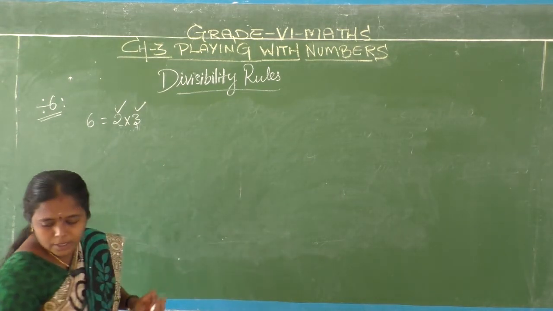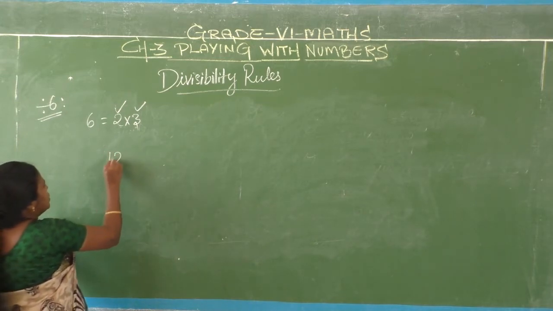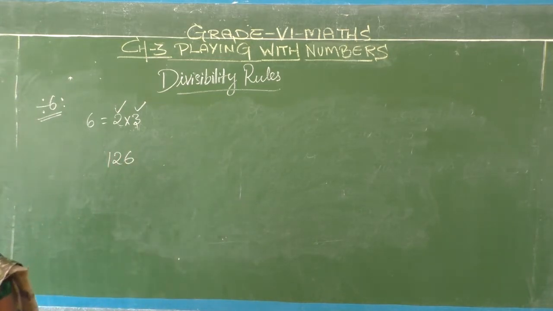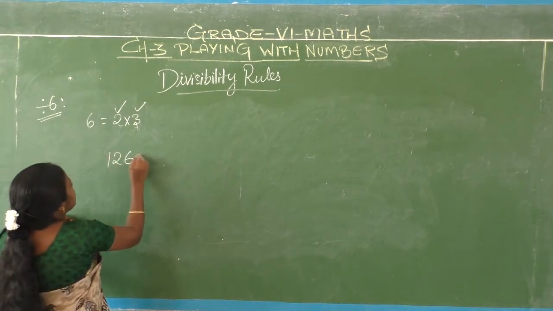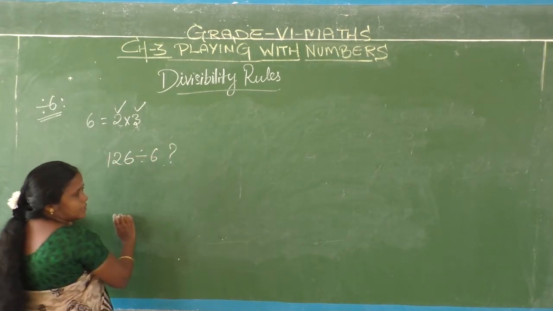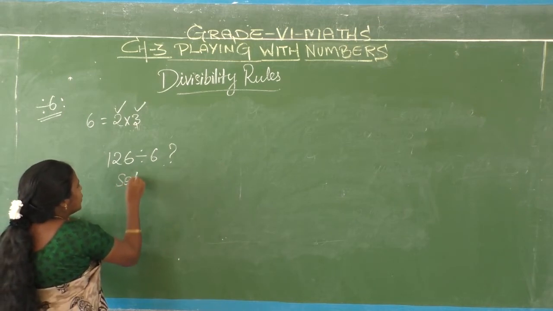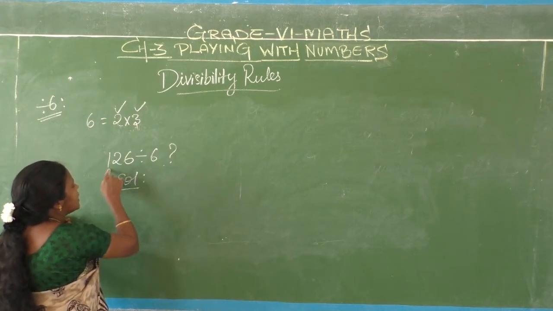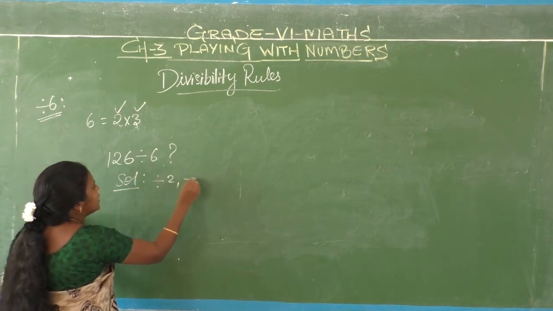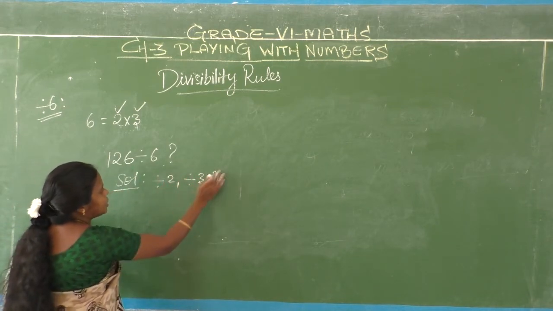For example, here I am taking 126. We will check whether this is divisible by 6 or not. For that, as I told now, first of all we have to check whether it is divisible by 2 and 3 or not.